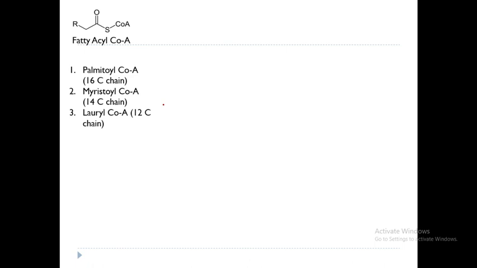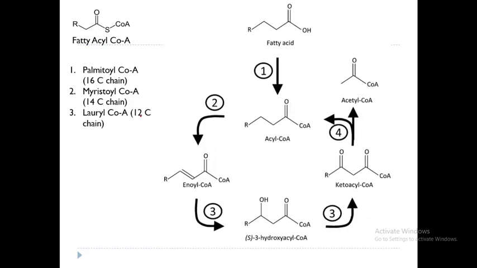When it undergoes the beta oxidation process again, one acetyl-CoA is formed, and the other molecule, which is short of 2 carbons, is called lauryl-CoA.